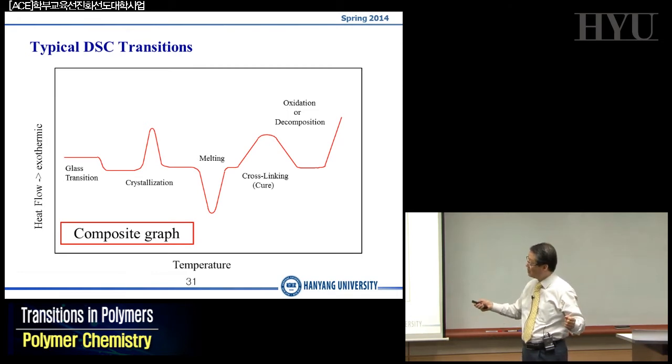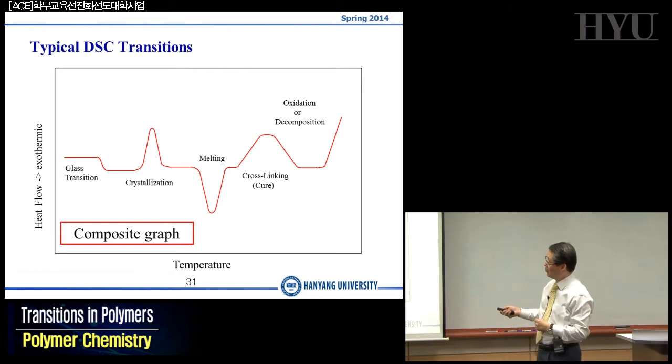And if you decrease the temperature, then your polymer will become crystallized, and crystallization means that heat is exerted from your system to the surroundings, because your polymer will be organized to have a high density, so that the extra heat from your system will be going out.